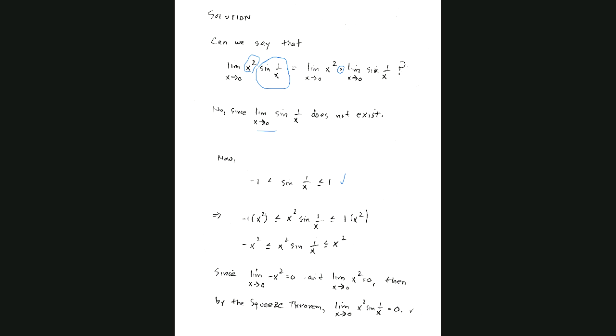Well, if this is the case, then if we multiply through this inequality by x squared, then -1 times x squared would have to be less than or equal to x squared times sine of 1 over x, which would be less than or equal to 1 times x squared. That absolutely would have to be true. By the way, why don't the inequalities switch?